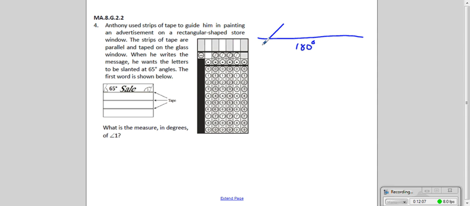Well, if I cut that line right here, then what I know, regardless, is that this angle here and this angle here have to add back up to 180 degrees. So if I knew what this angle was, by default, I would know what this angle was because it would just be 180 minus that. So really quickly, if I knew that this was 130 degrees, then this angle would have to be 180 minus 130 degrees, which is 50.